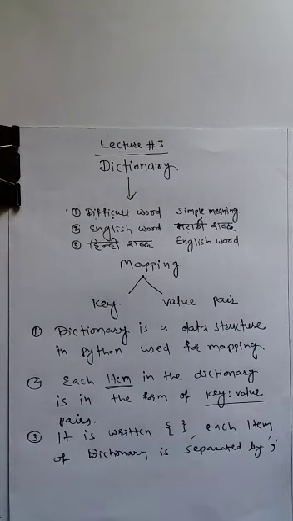Number 4, tomorrow, we'll see tuple. Then the day after tomorrow we are going to see operators. So lecture 1, lecture 2, lecture 3 are the keys, and string, list, dictionary, tuple, operators are the values. Now how to represent this in Python, we'll see now.